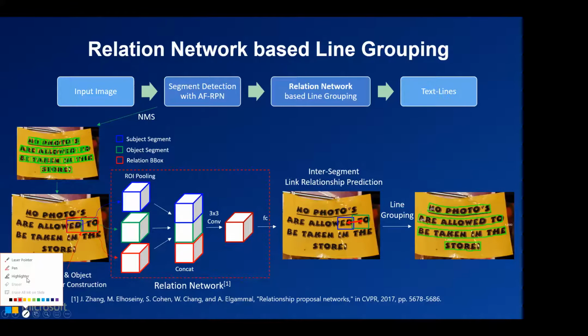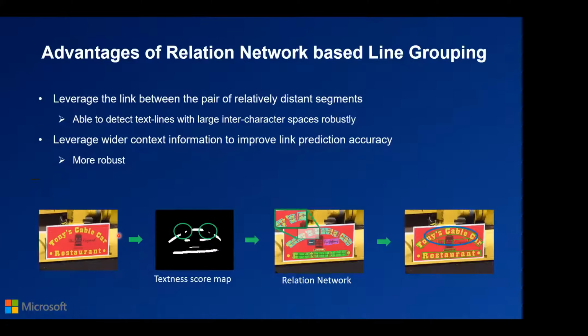The main advantage of using a relation network compared with a traditional, say, rule-based approach is that it looks beyond just the decision of whether it's text or non-text. Take this bottom image as an example. You have this Tony's cable car, and this black and white image is what we get as a textness score map. You can see that when characters are sparse, you have these gaps in the connections.